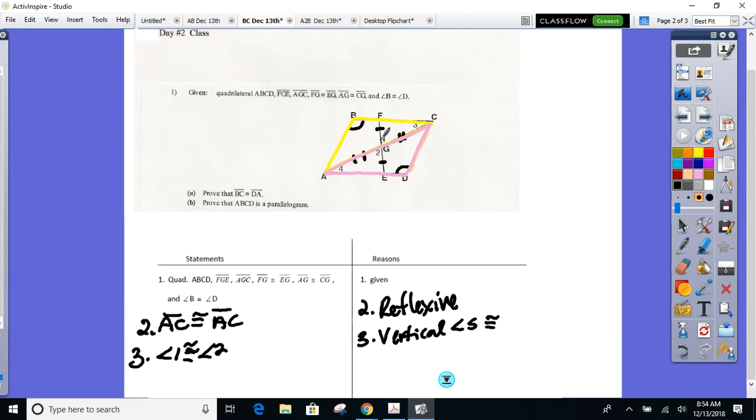Whew, we got a lot going on here. And then those two triangles, let's make sure we just name them correctly. What do I have? Triangle AGE congruent to, if I go AGE, I got to go CGF.